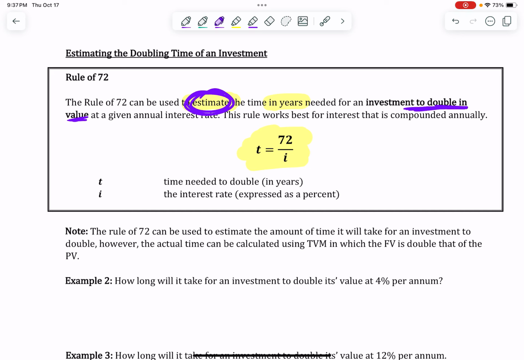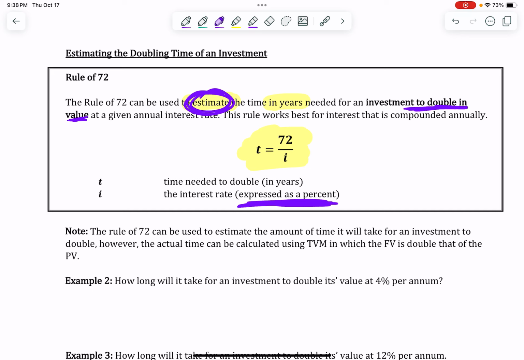I don't like that because in TVM, we used a capital I when we were talking about the interest rate as a percent, I%. But in this calculation, it is crucial to leave that interest rate as a percent. So if it's 5%, we are not converting it to 0.05. We are leaving it as that number 5.